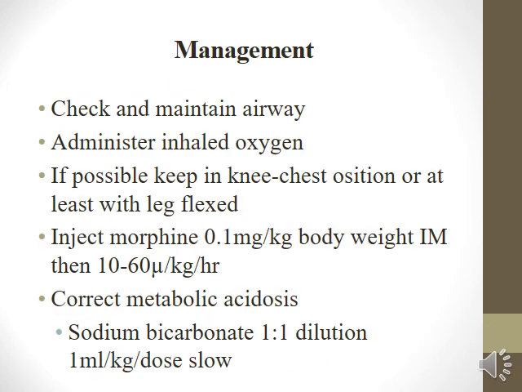Management: check and maintain airway, administer inhaled oxygen. If possible, keep in the knee chest position or at least with legs flexed. Inject morphine 0.1 mg per kg body weight IM, then 10 to 60 microgram per kg per hour. Correct any metabolic acidosis: sodium bicarbonate 1:1 dilution, 1 ml per kg per dose slow should be given.